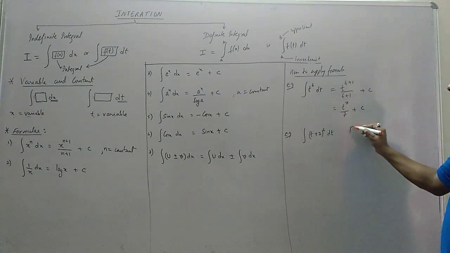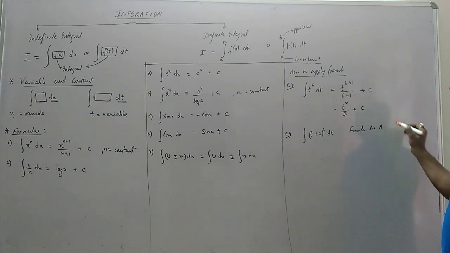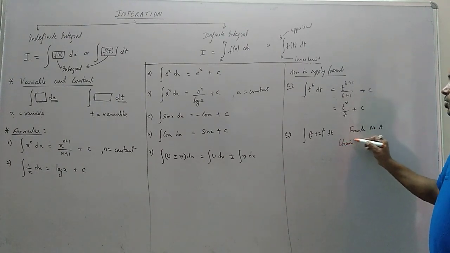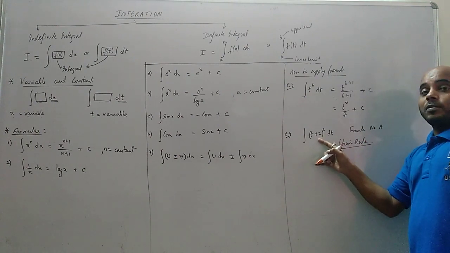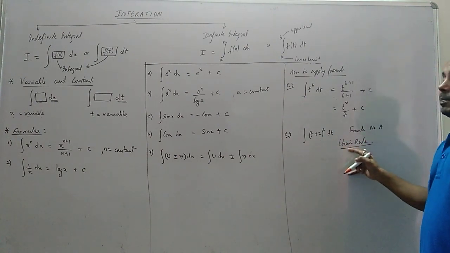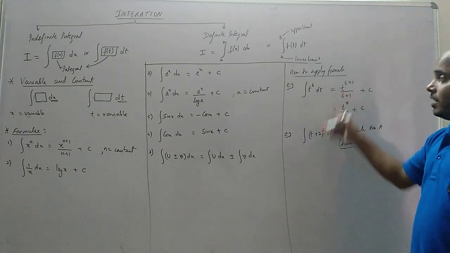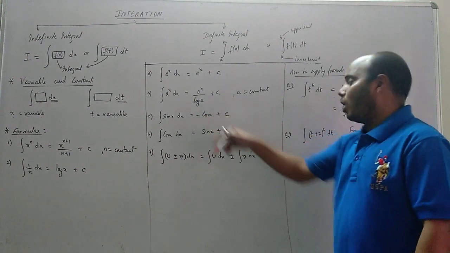So in this case the formula is not applicable. So what to do with this? We have to go for a special chain rule. There is a special method for this type of question. That method we study later on when the formula is not applicable. You understand? This is applicable to all the formulas.